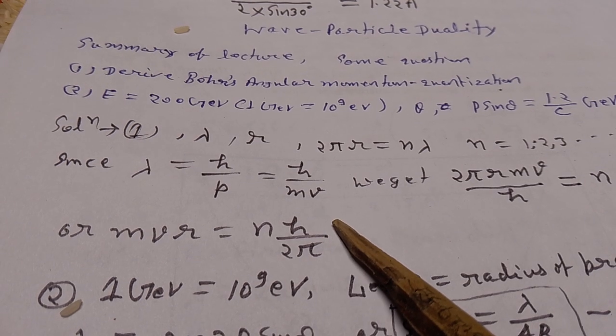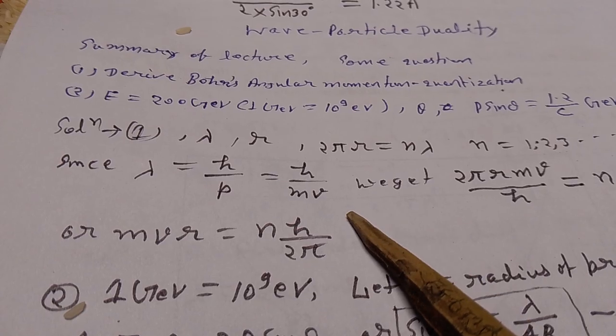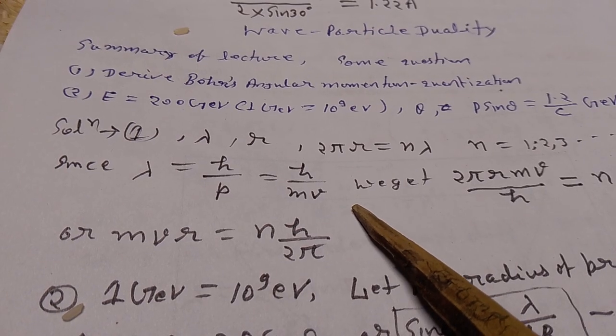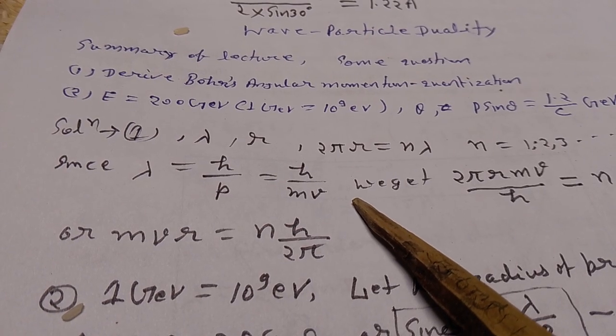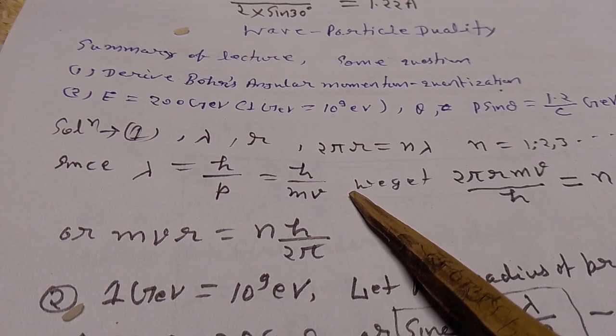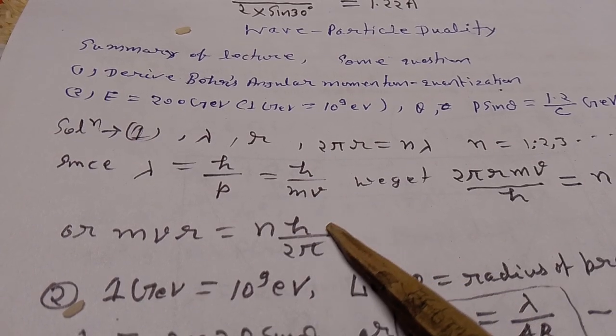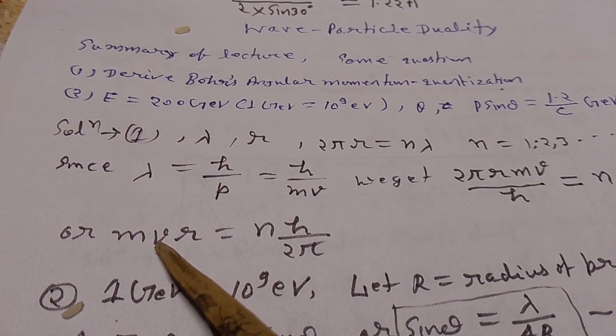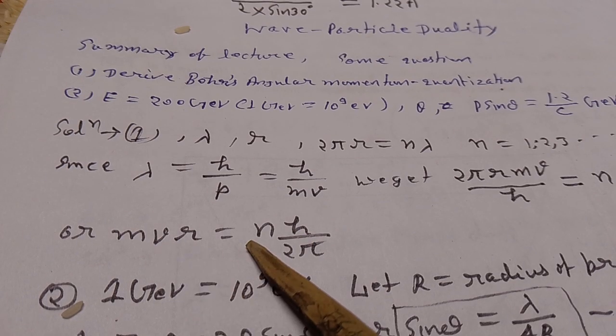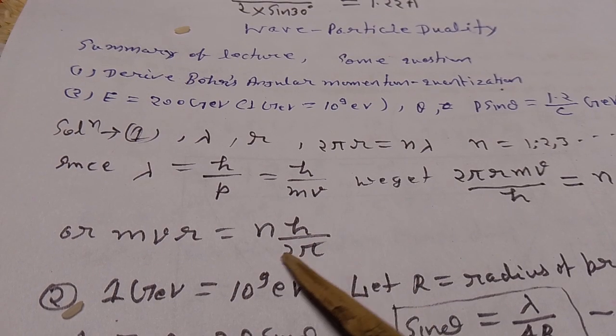So here we see Bohr's angular momentum quantization condition. This is the angular momentum quantization condition, that is mvr, which represents angular momentum, equals n into h by 2 pi.